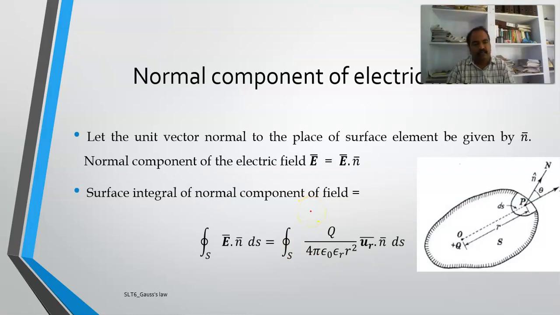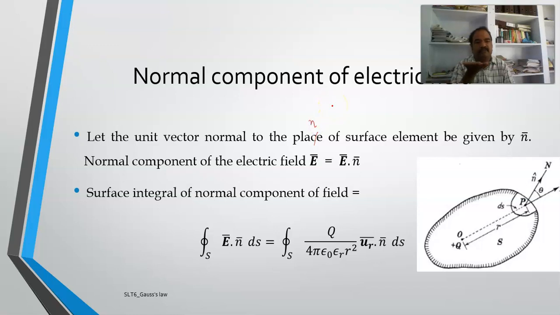Now we will move on to a slightly modified version of this. Let us suppose I consider a charge and a point, and assume that these two are lying in a particular plane, a two-dimensional plane.